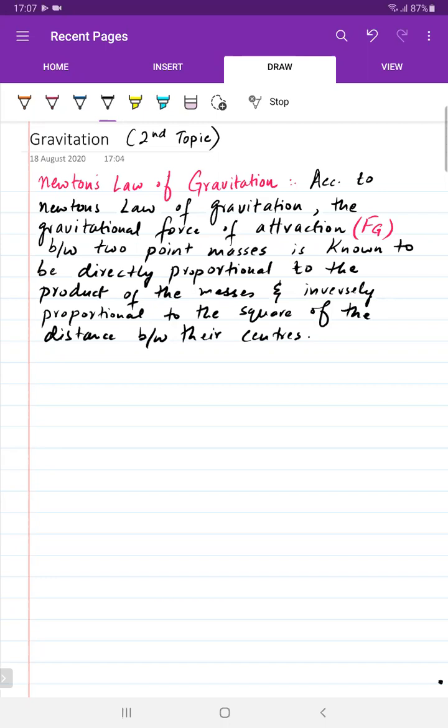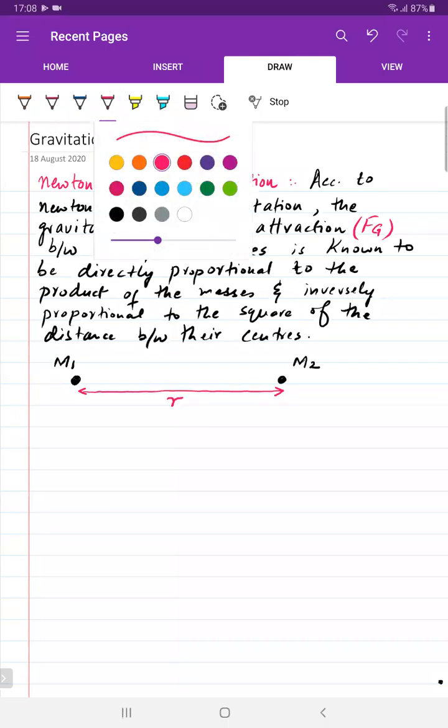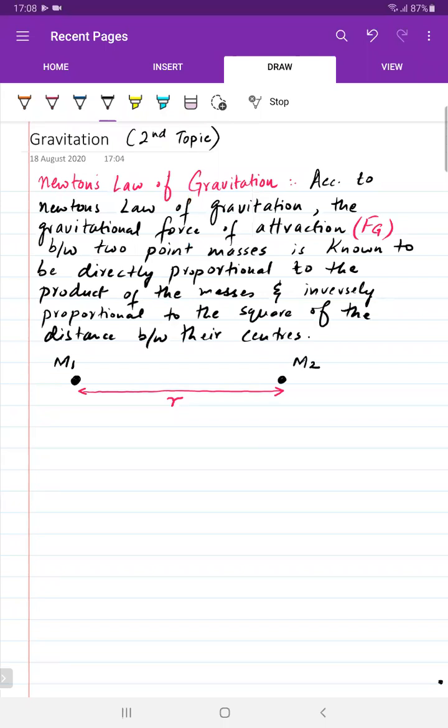So diagrammatically, if the two-point masses are labeled as m1 and m2, and if these point masses are separated by a distance of r, then based on Newton's law of gravitation, the gravitational force is known to be directly proportional to the product of the two masses, so m1 times m2, and inversely proportional to the square of the distance between their centers. So this is how the law can be formulated.